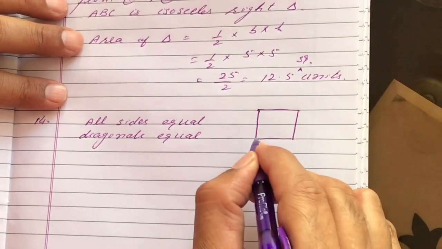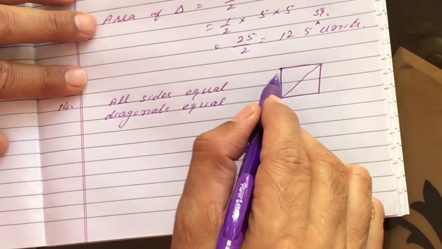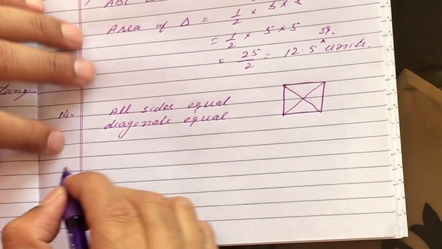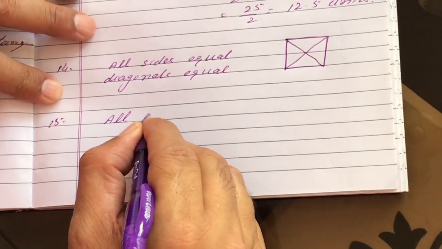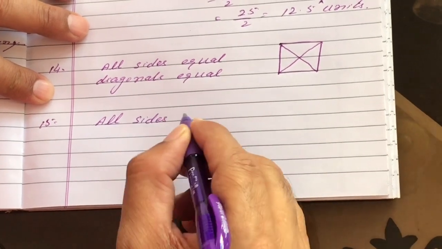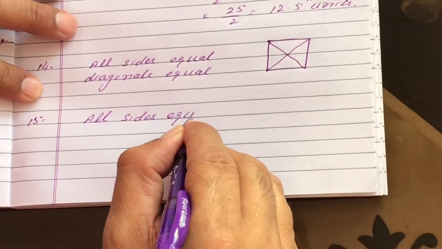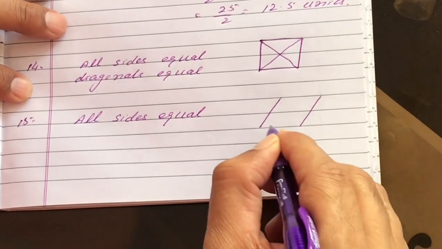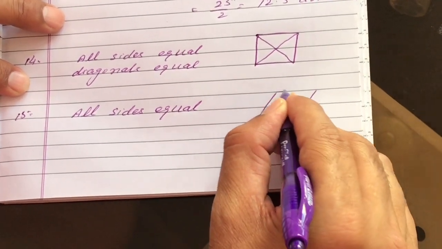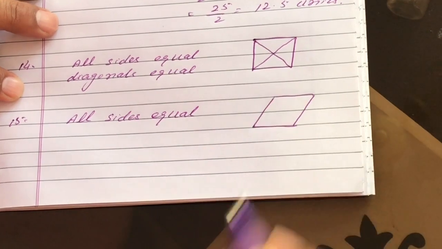All the sides should be equal and diagonals should also be equal. For 15 rhombus, you have to prove all sides equal. No need to calculate diagonals. This is rhombus. Prove all sides equal.